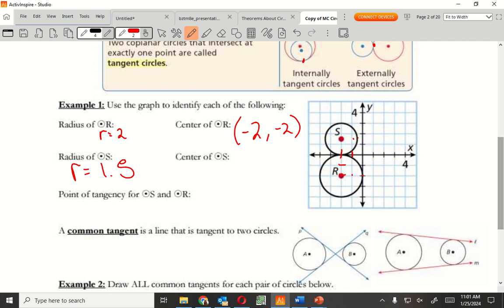What's the y value? 1 and 1. Yep. Okay, there we go. So center of S is going to be negative 2 as my x, and the y value, it's up 1.5 or 1 and 1/2.